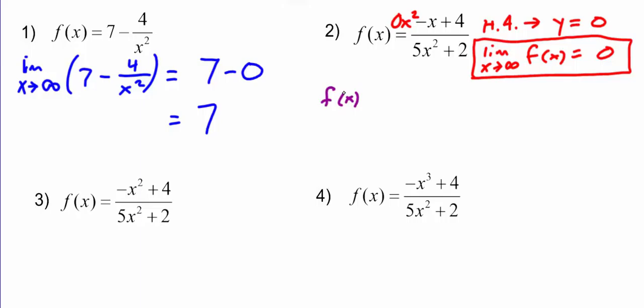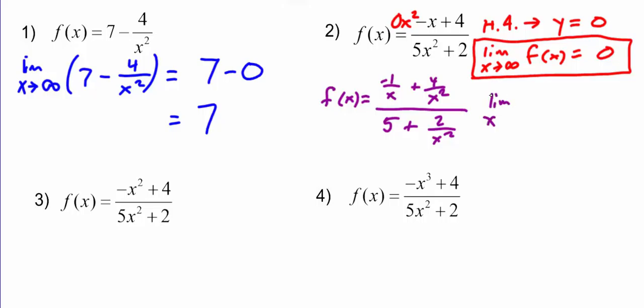That's going to give me negative 1 over x plus 4 over x squared, divided by 5 plus 2 over x squared. And what I have to look at then is when I apply the limit as x approaches infinity.